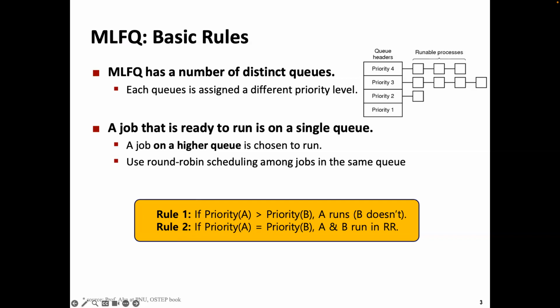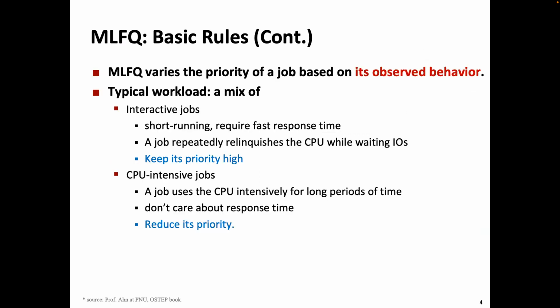If priority A is higher than priority B, A runs and B doesn't run. So this is rule 1. Rule 2 is if priority A and priority B are equal, A and B are the processes, so A and B run in round robin. Round robin means they run alternately. 그래서 번갈아가면서 이제 계속 실행을 하겠다는 거죠. 우선순위가 똑같다면.